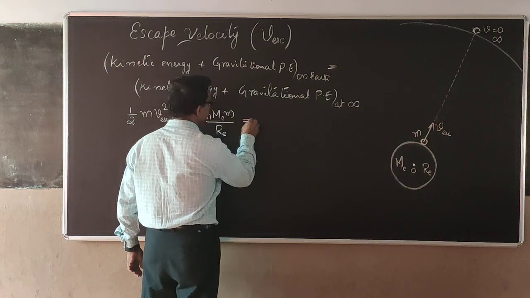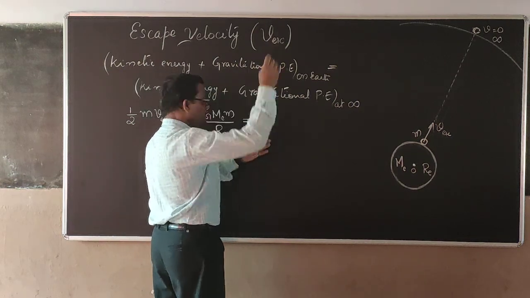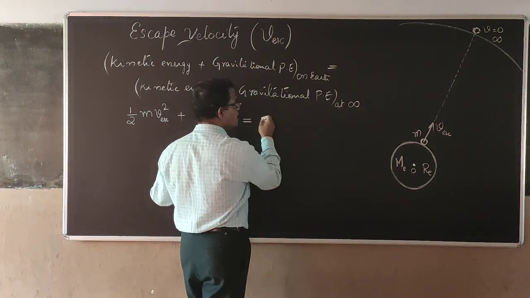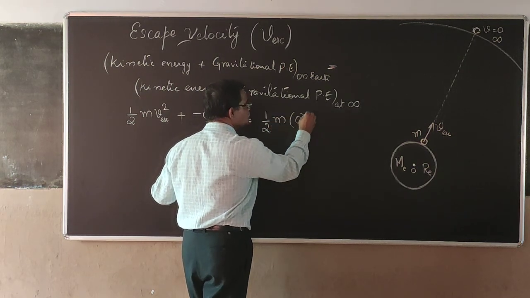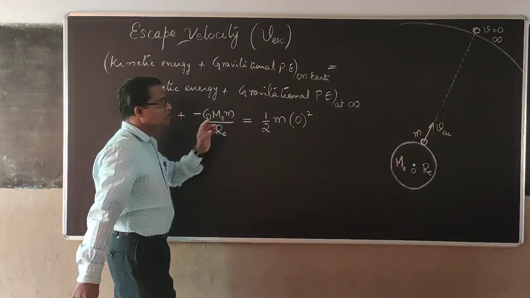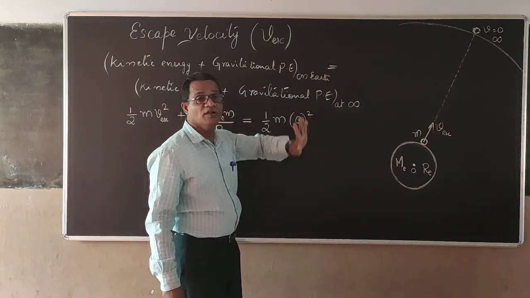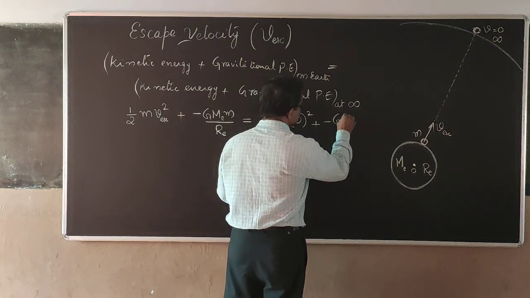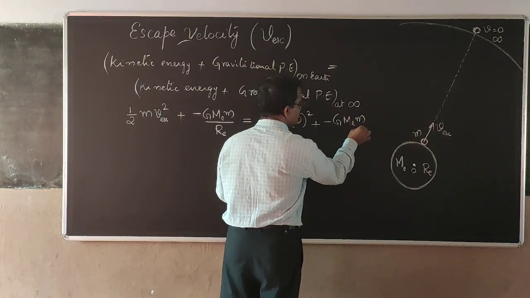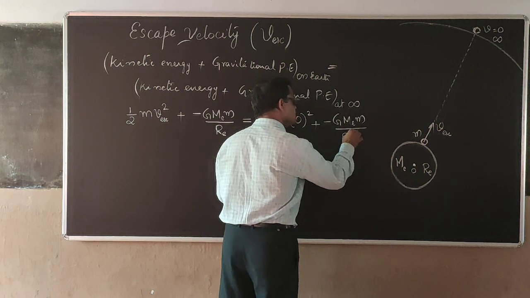This will be equal to the same thing at infinity. The kinetic energy will be half m into 0 square, because the velocity when the body crosses will be 0, plus minus G Me m divided by infinity, the distance.